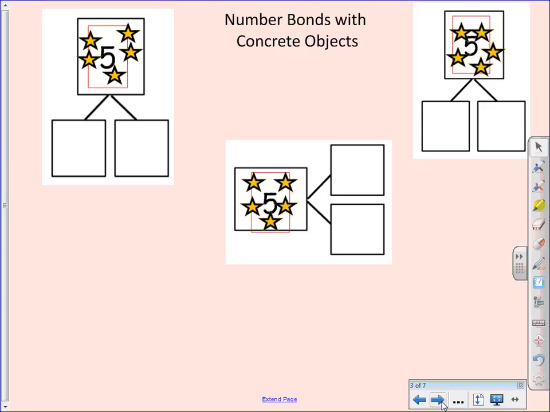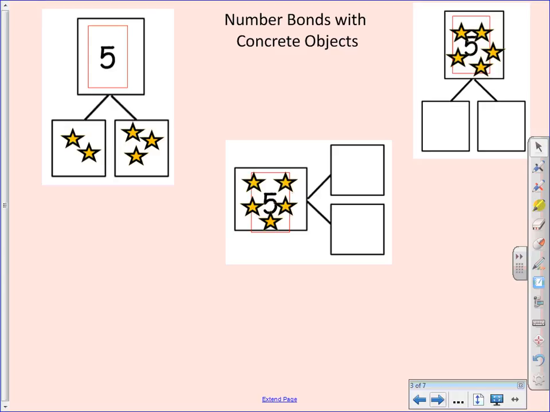In my first example, I have decomposed 5 into 2 and 3. And you will notice there are no objects left in the box with the 5.